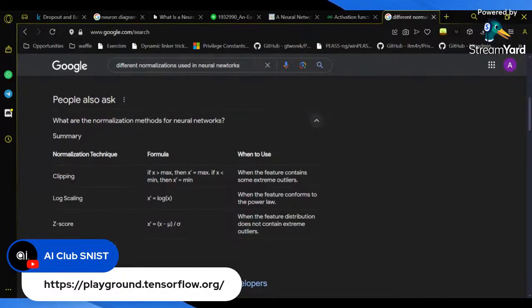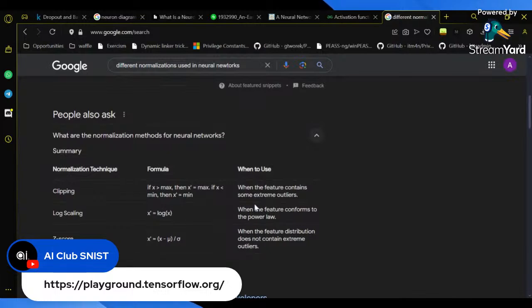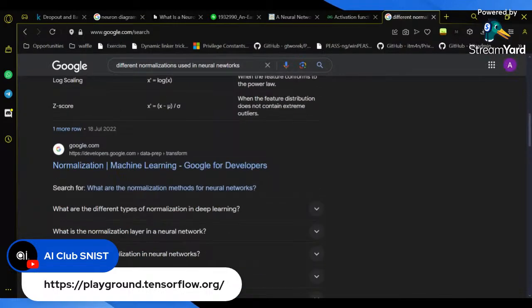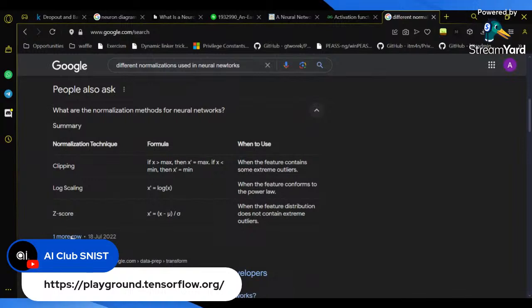And there's also logarithmic normalization, and there's also clipping. In clipping, if there are values which are beyond the limits, we assign them the values of those limits. Here they gave about three. I think there's one more.